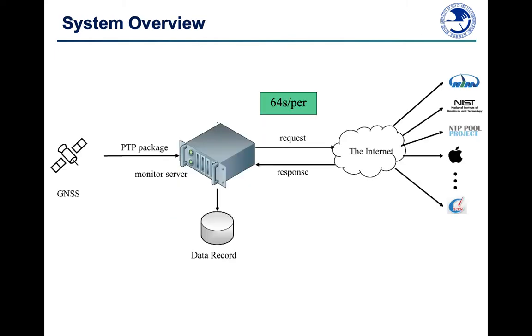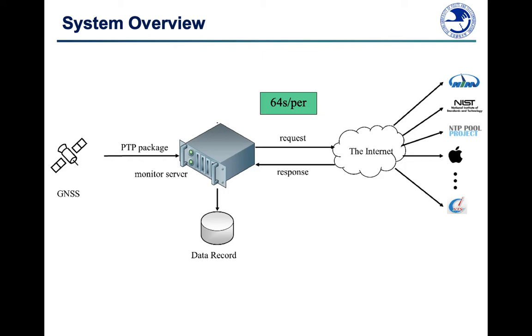The Internet time service monitoring system consists of 3 modules: a time synchronization module, a service monitoring module, and a data acquisition module, as shown in the picture. We select the Global Navigation Satellite System as the reference time source of the system to provide a stable nanosecond resolution time reference via the Precision Time Protocol.